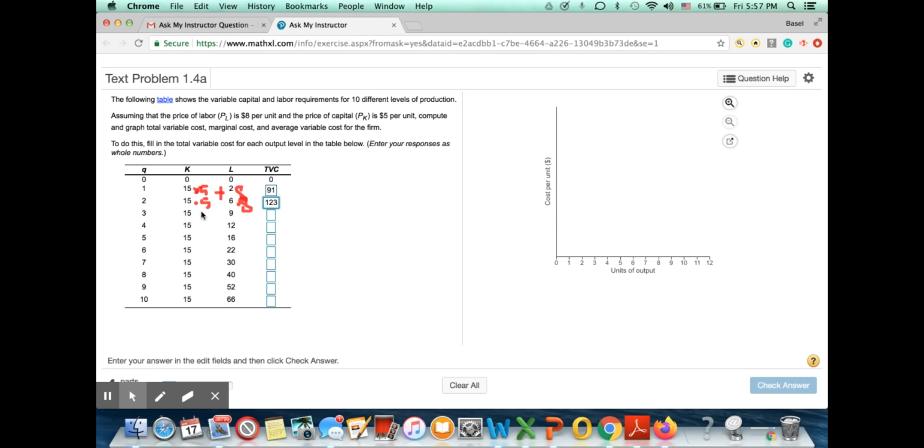Again, over here it's going to be 75 plus 9 multiplied by 8. So I got 147. 12 multiplied by 8 is 96 plus 75, so I got 171.